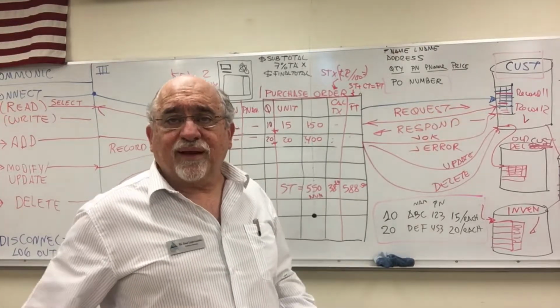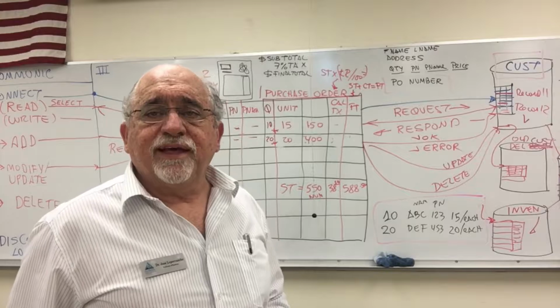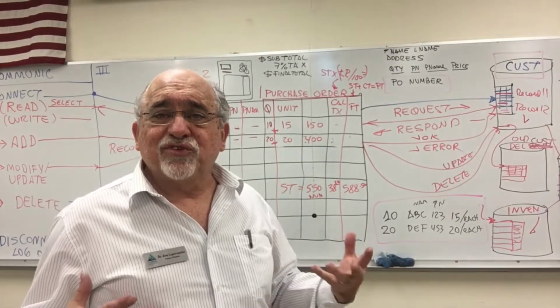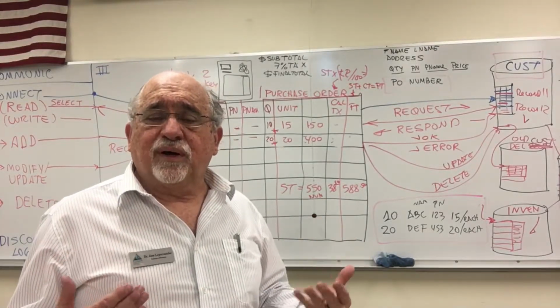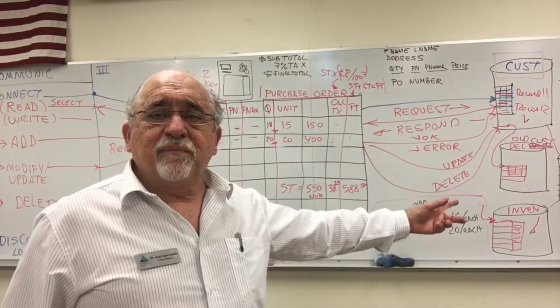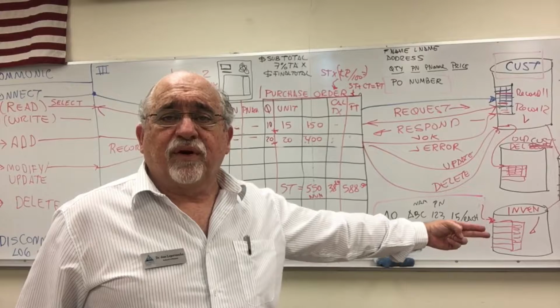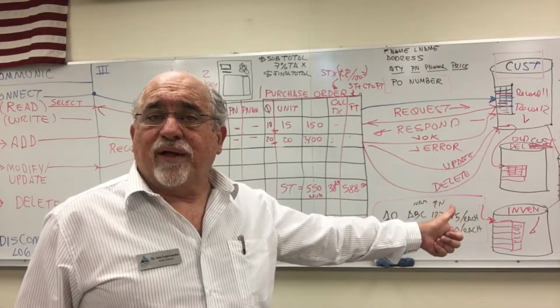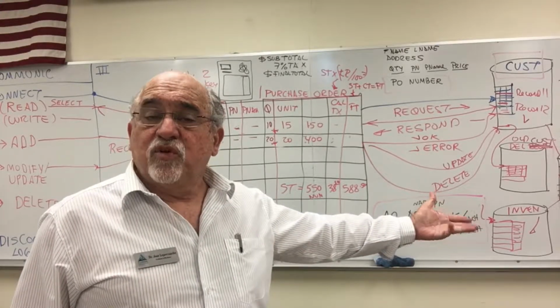Then in the second part of the class, we moved into the relation between the customer and the order he's placing, by adding the inventory database, the inventory tables that have the quantity, the part number, and the unit prices.